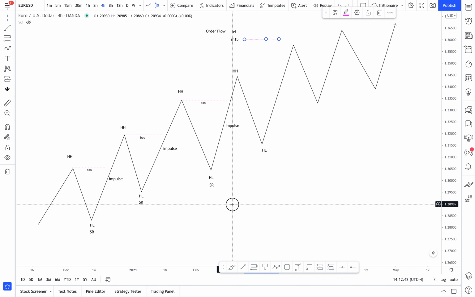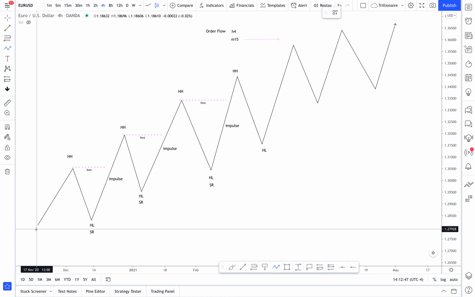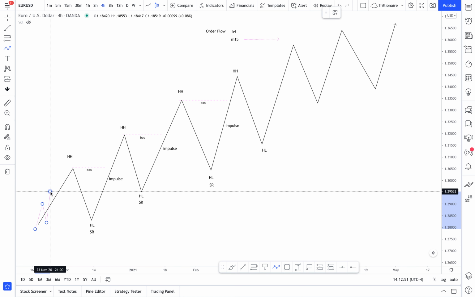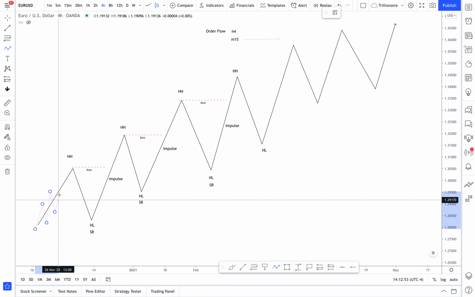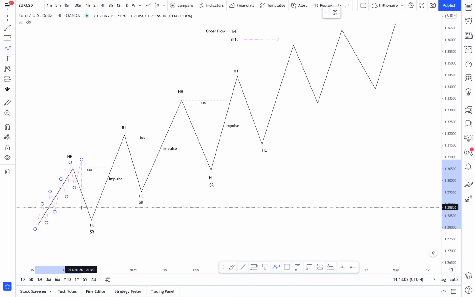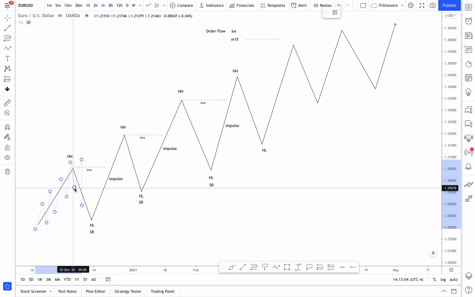Right here. All right. So on the lower time frame, this is how order flow is going to look, right? So you'll see this. Right, and then you'll see a break of structure on the M15 time frame right here.